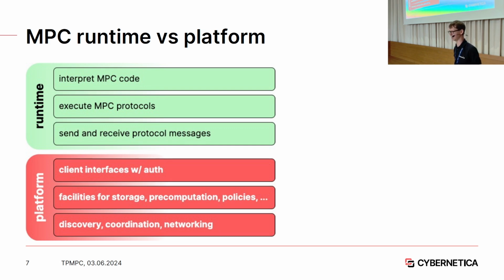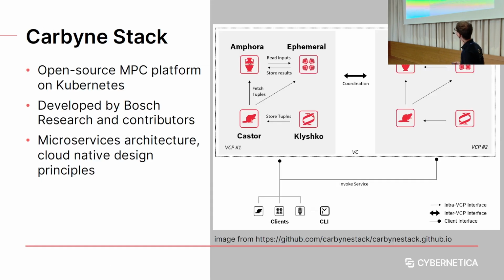So if we now divide it into 2 like this, then we get to Carbyne Stack. If you haven't yet heard about Carbyne Stack, it's an open source MPC platform on Kubernetes. It's developed mainly by Bosch Research at the moment, with help from a few contributors.